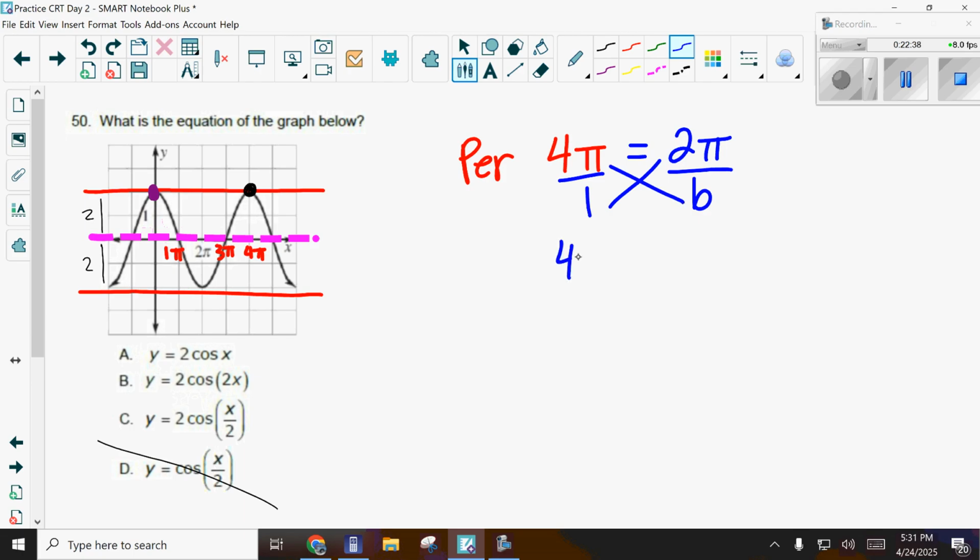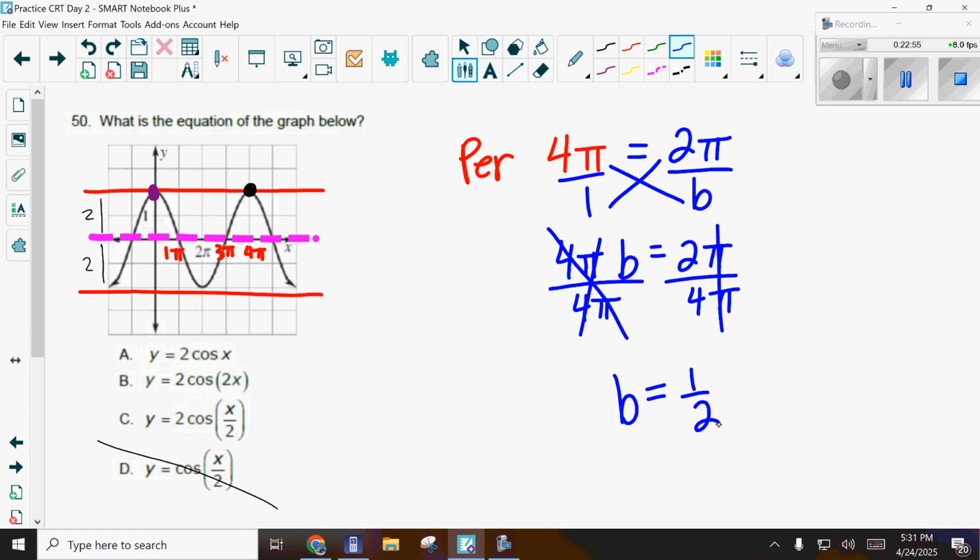So I would have 4 pi times b is equal to 2 pi, and then I would divide by 4 pi. All of this crosses out, the pi's cross out, and if you simplify 2 over 4, it's 1/2. B goes in front of x. So the only one it could possibly be is choice C, because it's 1/2 x or x over 2.